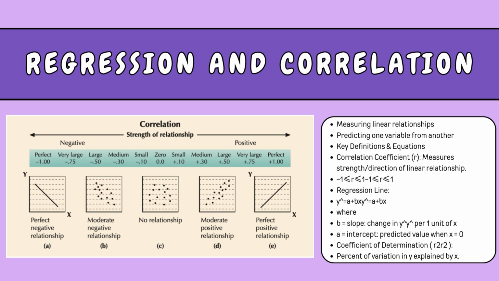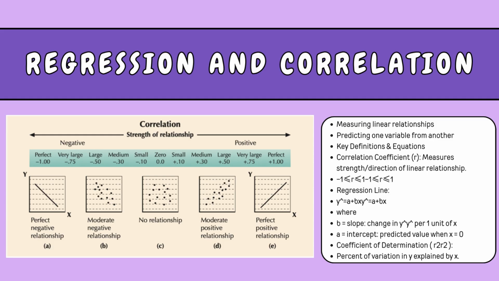So the correlation coefficient really is -1 to 1. On the left side, it shows a perfect negative, meaning a -1 correlation coefficient. From here on out, we see the scatter plot dots start to have a moderate negative relationship. In the middle, there's no relationship, meaning that everything is everywhere.